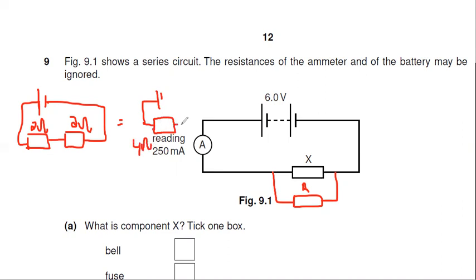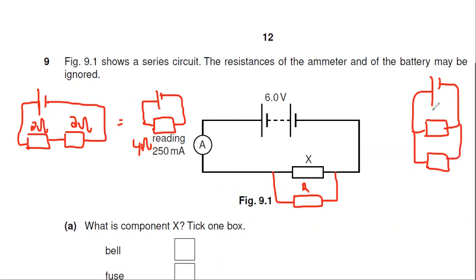This is for a normal series circuit. But what if we have the 2 ohms connected in parallel? Here a 2 ohm resistor, and here another 2 ohm resistor connected in parallel.